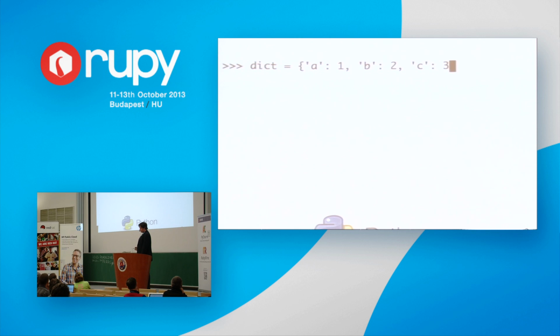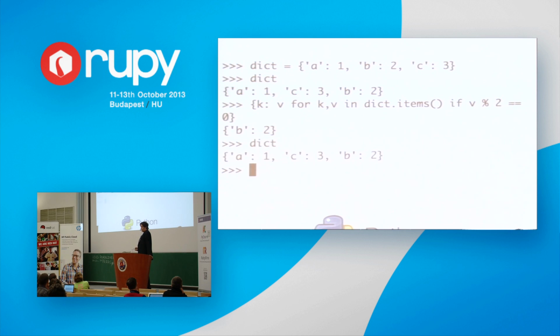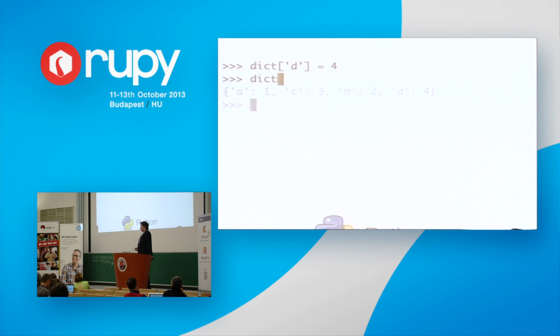Python dictionaries, well, you probably guess by now how it works. You can use them in an immutable way with comprehensions, with other kinds of expressions, but that's just one way you can use them. You can still do imperative style with them and change them in place.